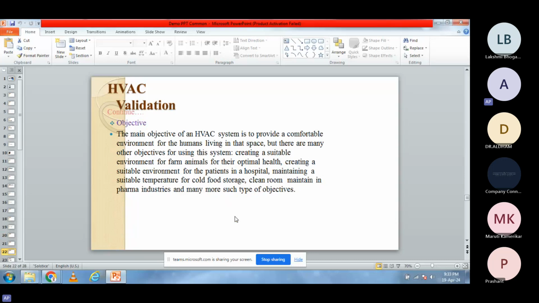So what is the objective? As I told earlier, the objective of an HVAC system is to provide a comfortable environment for the humans living in the space.